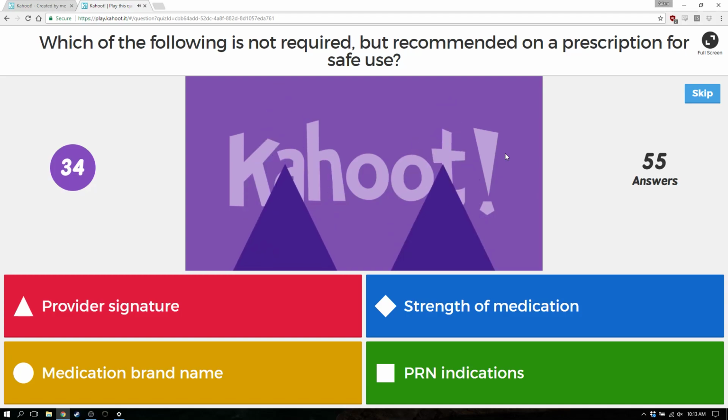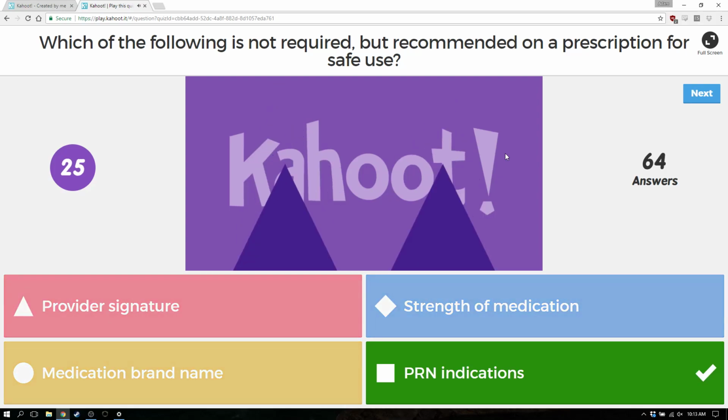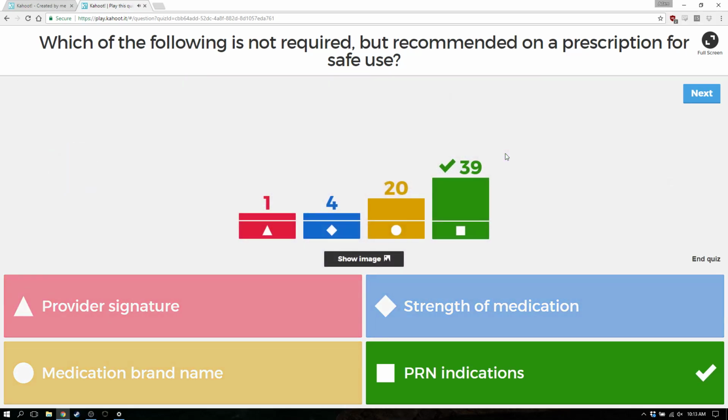You guys should always do this on all of your prescriptions. Okay, so provider signature, is that recommended or required? Required, right? Does that always have to be handwritten? No, you can have electronic signatures, you can have stamps.